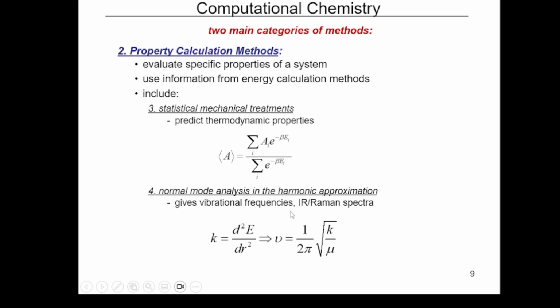It gives vibrational frequencies. It can give you IR and Raman spectra. And we know that in IR or Raman spectroscopy, the main parameter is the force constant, which is actually the second derivative of energy with respect to displacement. So the vibrational frequency depends on the force constant and reduced mass through the relationship given here: 1 over 2 pi square root k over mu.